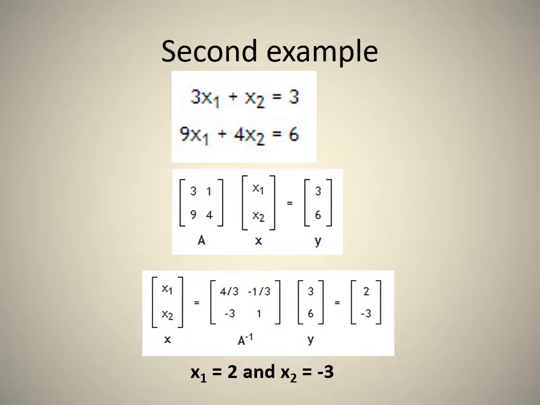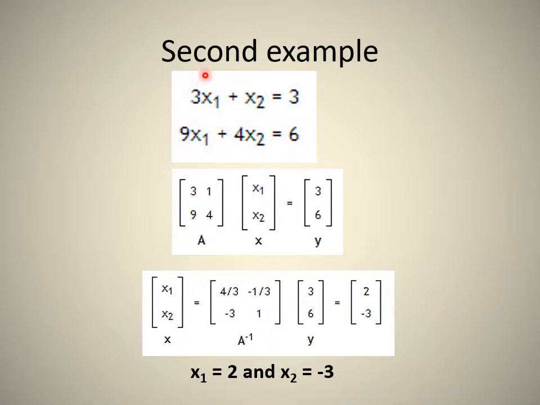Here's a second example, exactly the same type as the first one, maybe a little bit simpler, where we have 2 unknowns, x1, x2, and 2 equations. Our first equation, say 3x1 plus x2 equals 3, and our second equation, say 9x1 plus 4x2 equals 6.